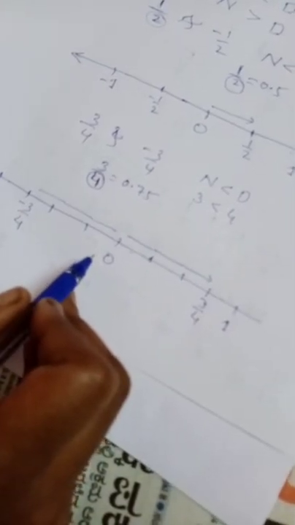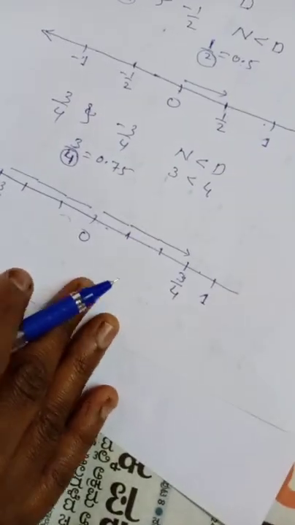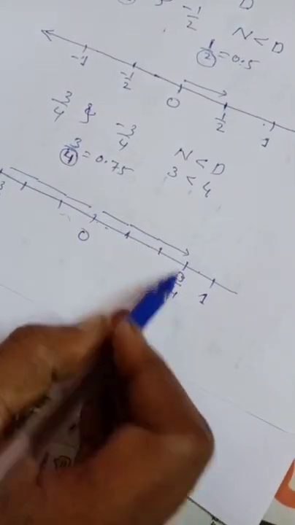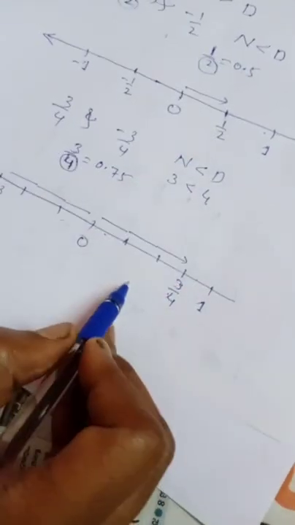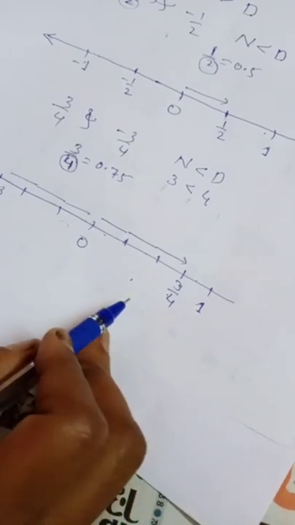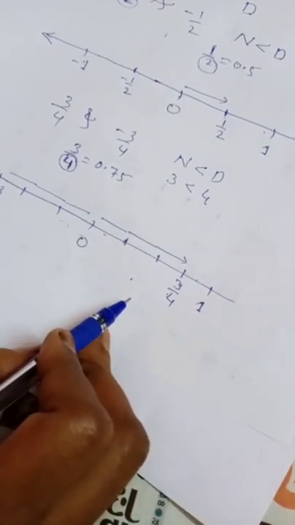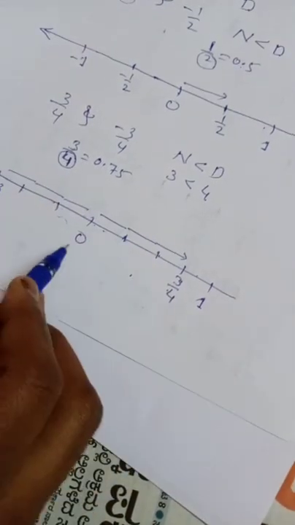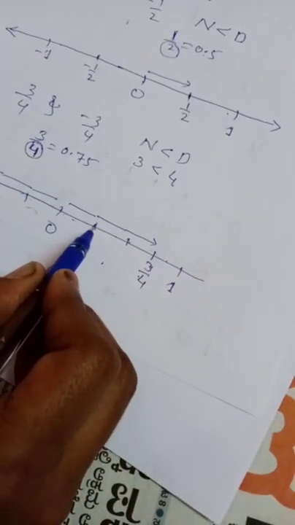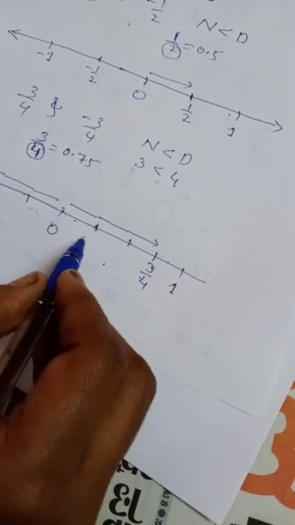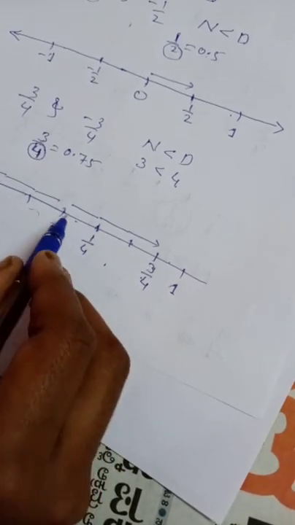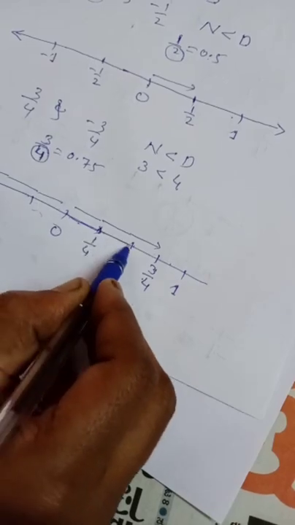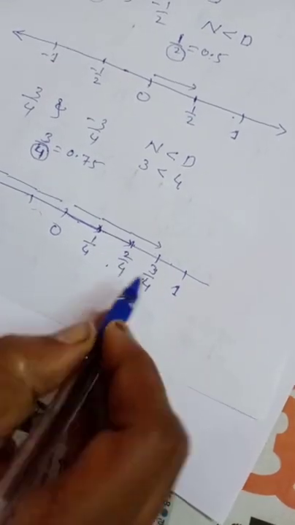But let me ask you a question. You have plotted 3 by 4 and 1 by 2 here, but do you know which numbers are plotted on these number lines? Since this is the first part starting from 0, we can write this as 1 by 4, and this second one is 2 by 4.